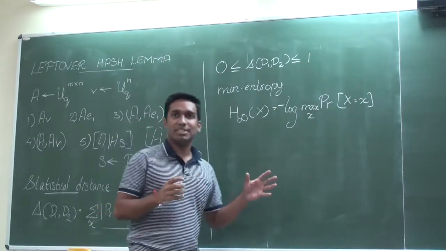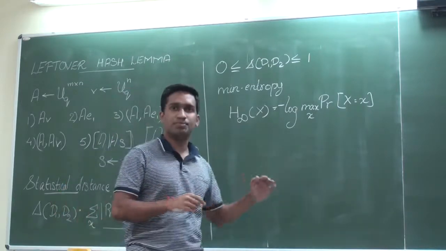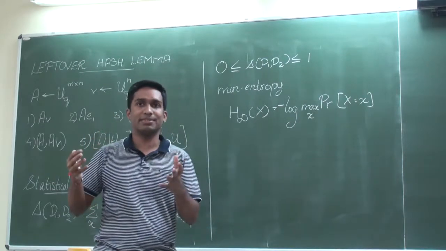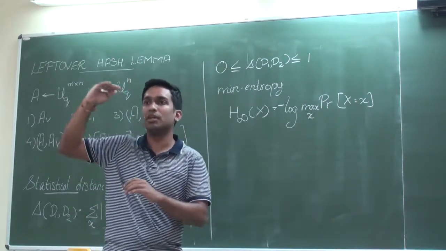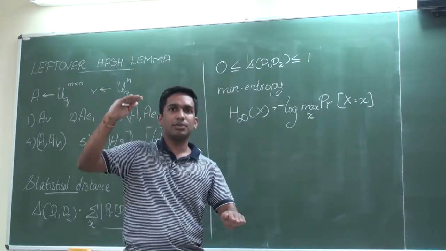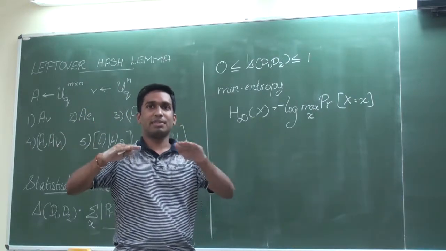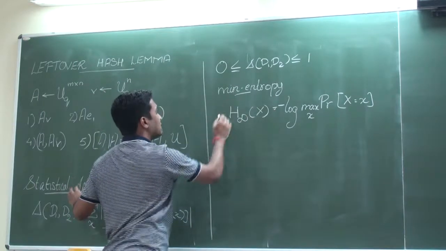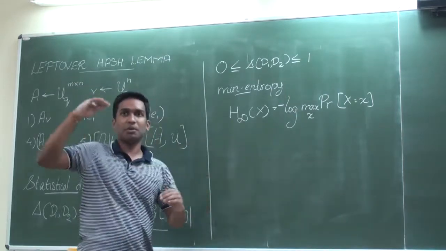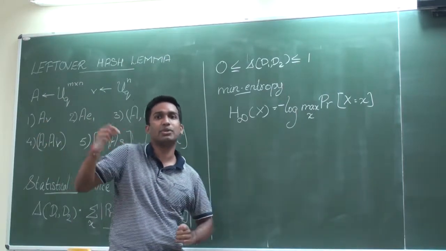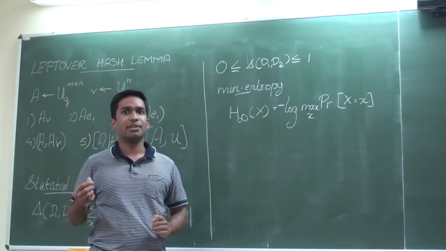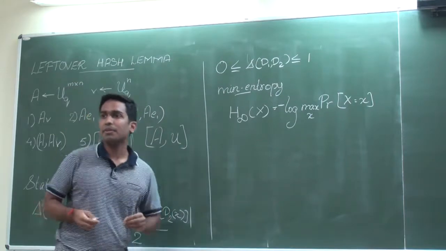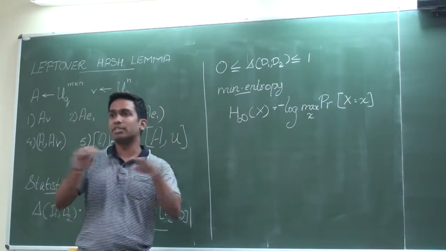If one element has very high probability, that itself says it's not random, because one element is getting too much weight and the rest less. If everyone has equal probability, it looks random. This is much easier than the statistical distance, because if you know that one element has high probability, then you know it does not have that much randomness. You understand? At most it can be that everyone has equal probability.